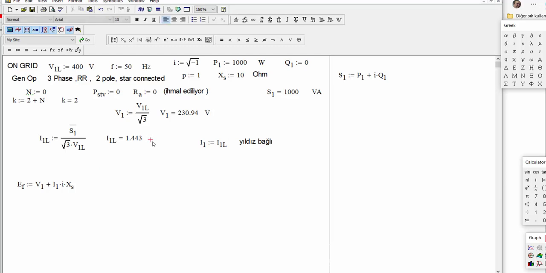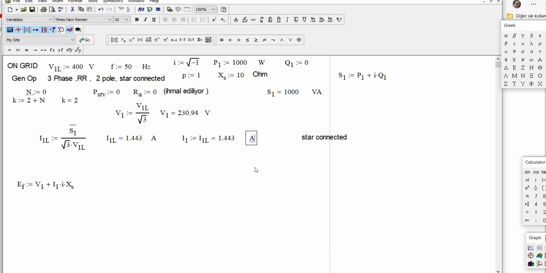So that is the line current. Since it is star connected, it is equal to single phase or winding current.